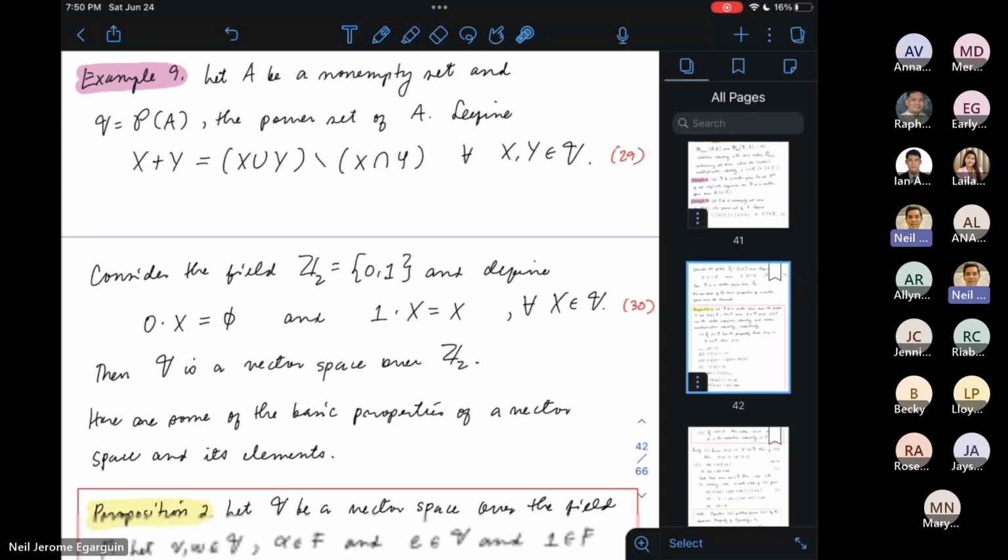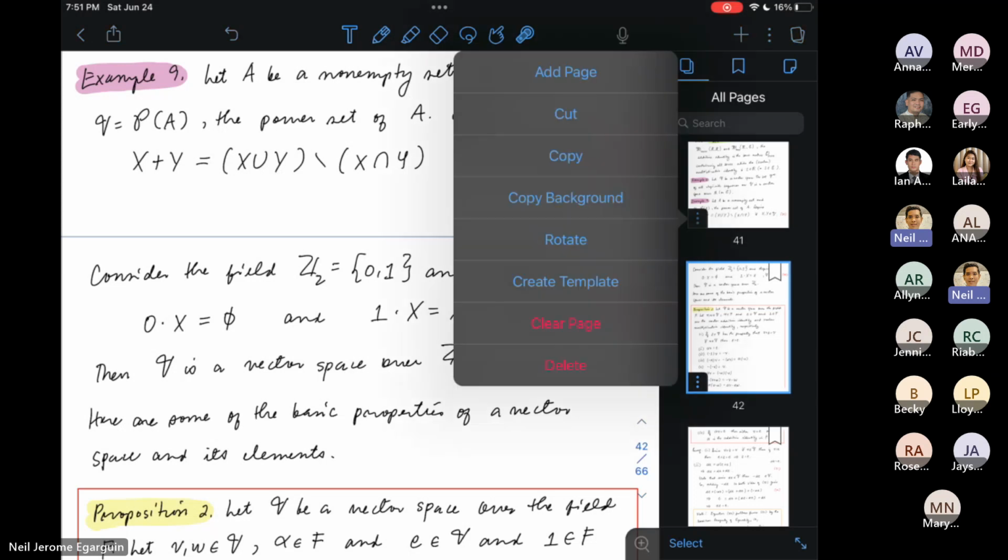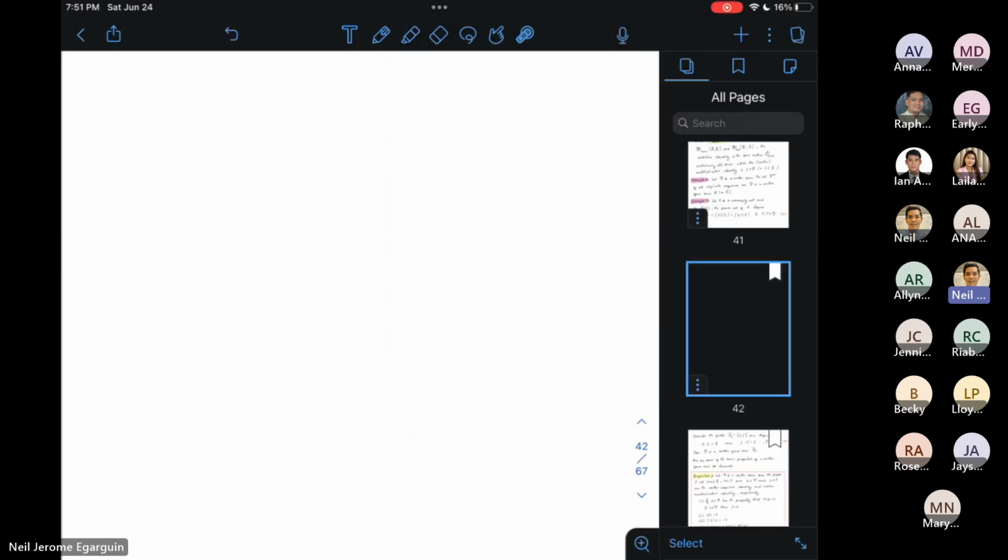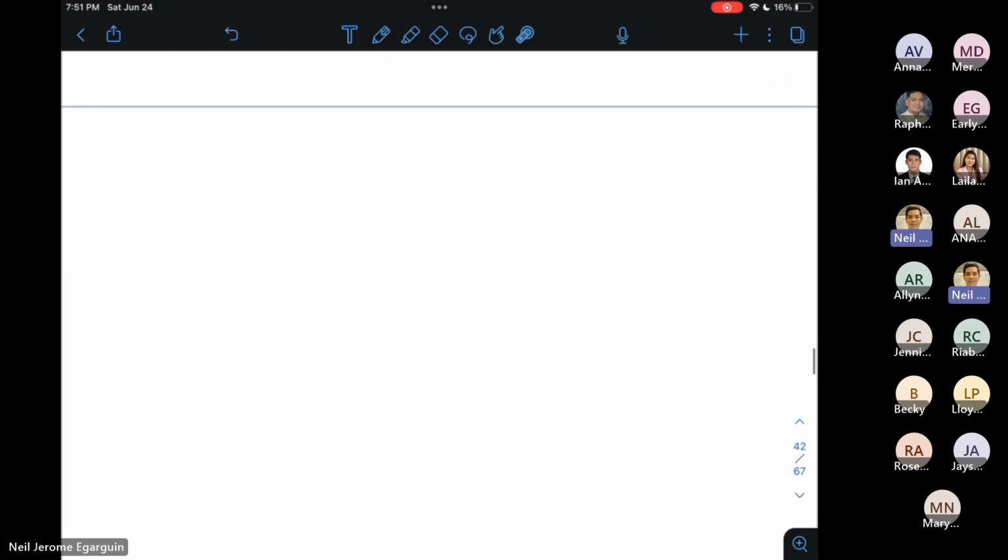So let's look at one particular example before we prove some properties of vector spaces. Okay. For example, what set would you like for my set A?